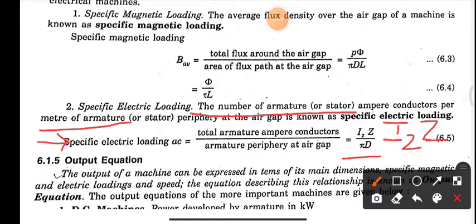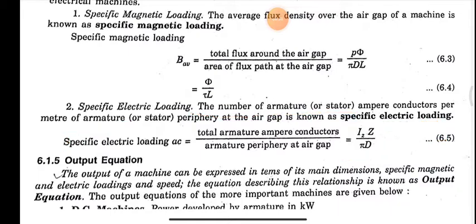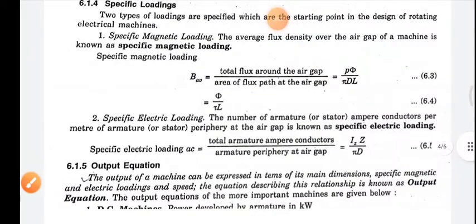So it is the ratio Iz into Z upon pi into d. These were the specific loadings of an AC machine, which will be very useful in deriving the output equation of an AC machine.